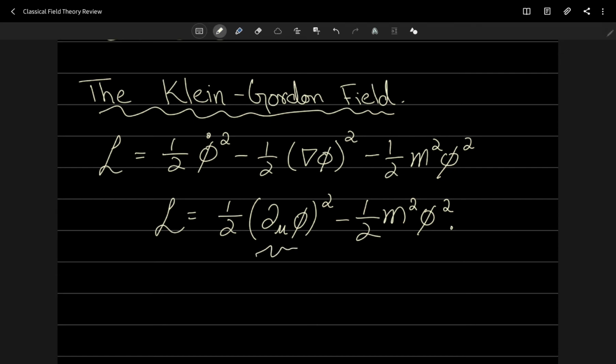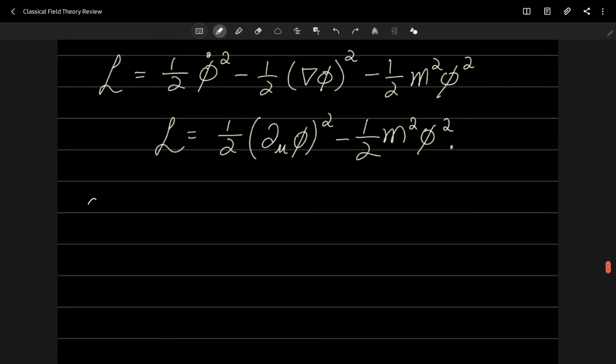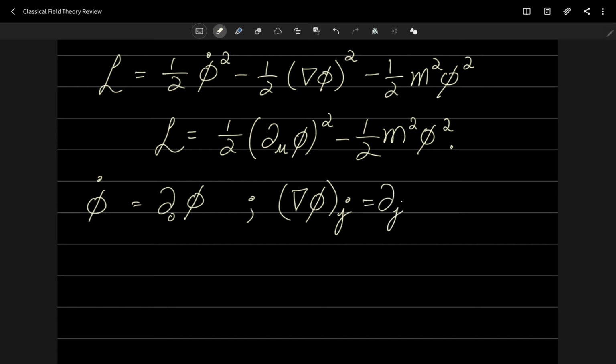Here, phi dot is the time component of the derivative of phi, the time derivative of the field, and the gradient of phi, component j, is equal to partial j phi for j equal to 1 to 3.